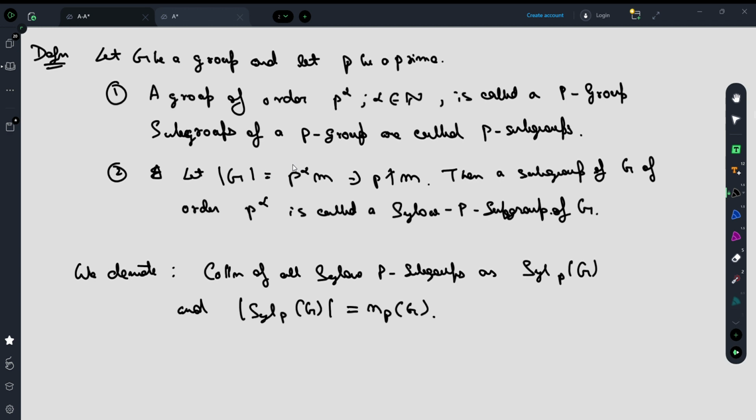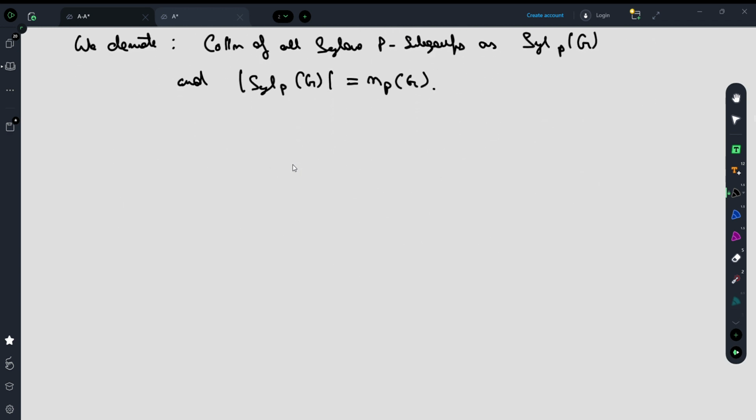Now let us introduce the Sylow theorems. So, the theorem due to Sylow. Okay, so what does this theorem say?